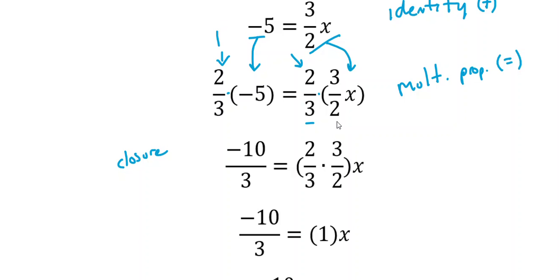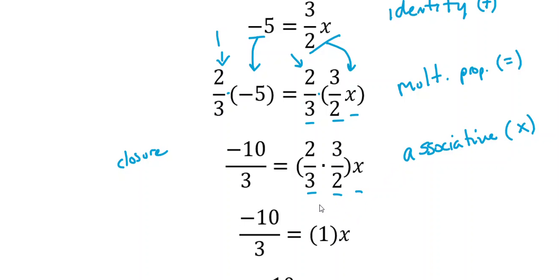And then here, what did we change? We have 2/3 times the quantity of 3/2 x, and now we have the quantity 2/3 times 3/2 times x. So we just changed the parentheses, and this is a great example of one that is hard to spot, but we use it all the time. That is the associative property. And notice the situation. We were multiplying three things together there, and what we said is, it doesn't matter which of the three things we multiply together first.